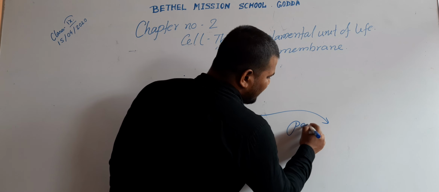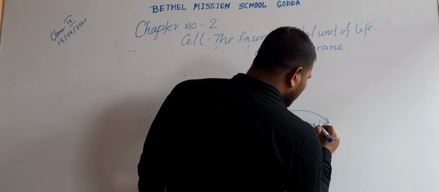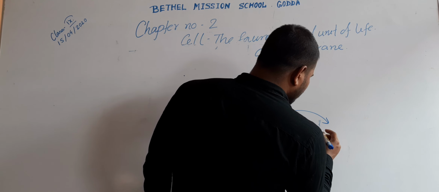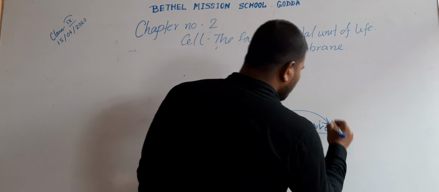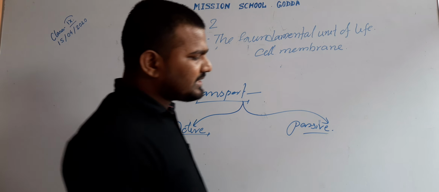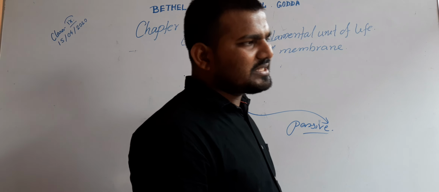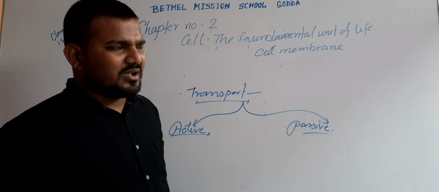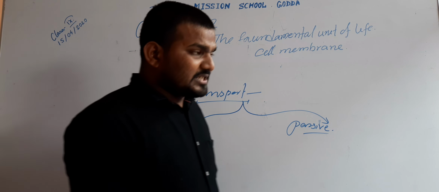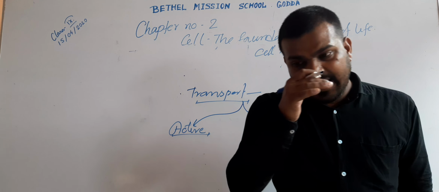If the transportation takes place without using any energy, that is known as passive transport. Even osmosis and diffusion take place through the cell membrane. We will discuss osmosis and diffusion during the lab activity or some practical activity.